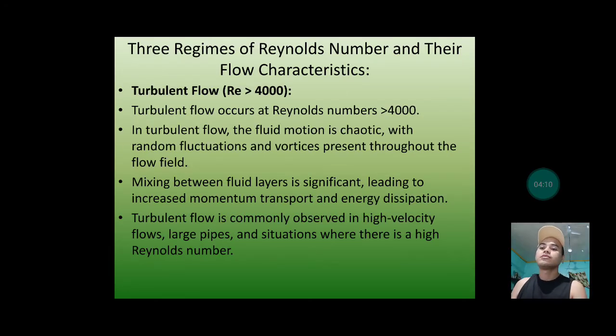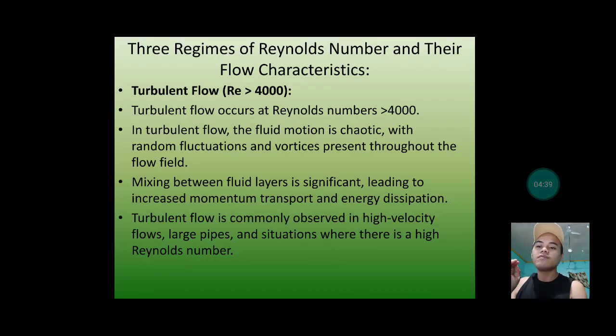Thirdly, we have the turbulent flow, which occurs at Reynolds numbers more than 4000. In turbulent flow, the fluid motion is chaotic with random fluctuations and vortices present throughout the flow field. There are very heavy eddies. Eddies are like vortices or chaotic flow of fluid.